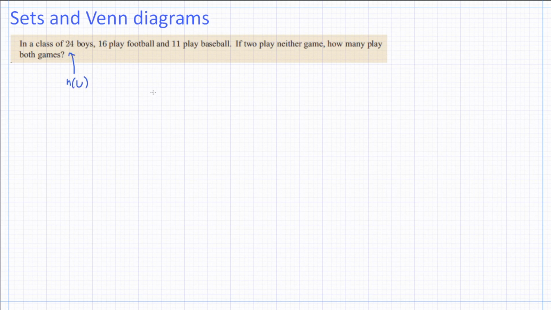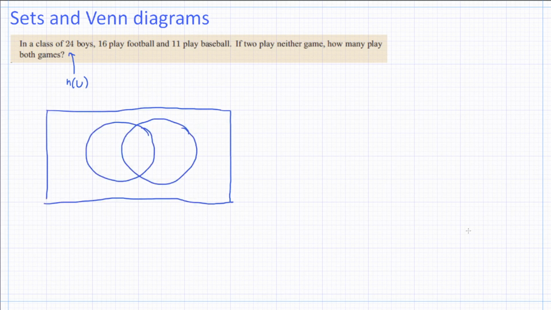So we're going to have here a Venn diagram, right? Let me just draw this larger. Okay, better now. So this is my, let's call this F, since it's football, and B for baseball.